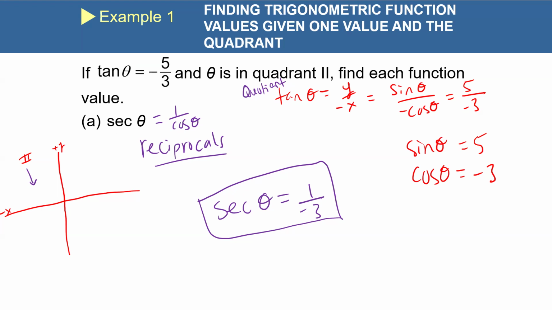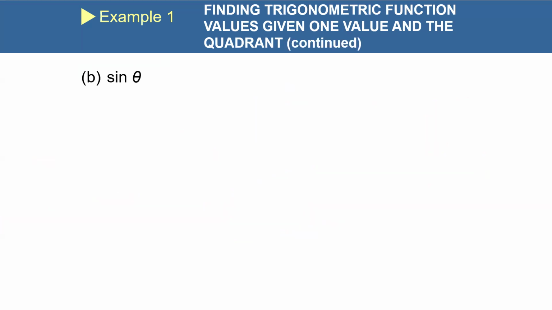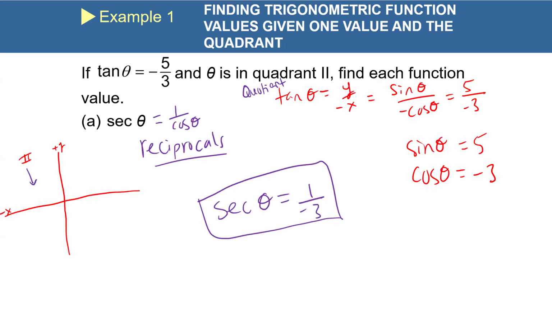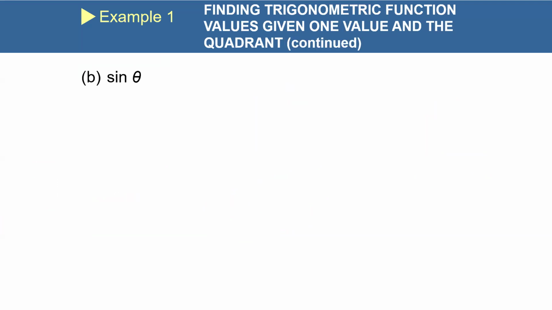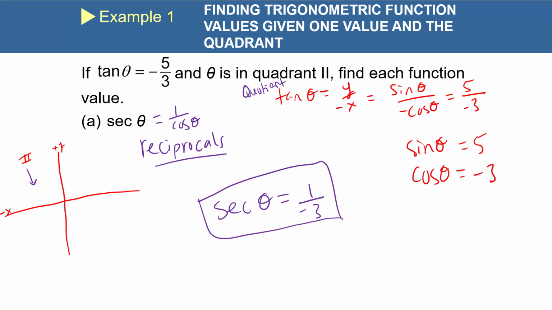All right, let's try another one. So sine, we already know, right? Looking at the same one, what did we get for our sine theta? 5, and that's it. So this equals 5, and it's positive because it's in quadrant 2.